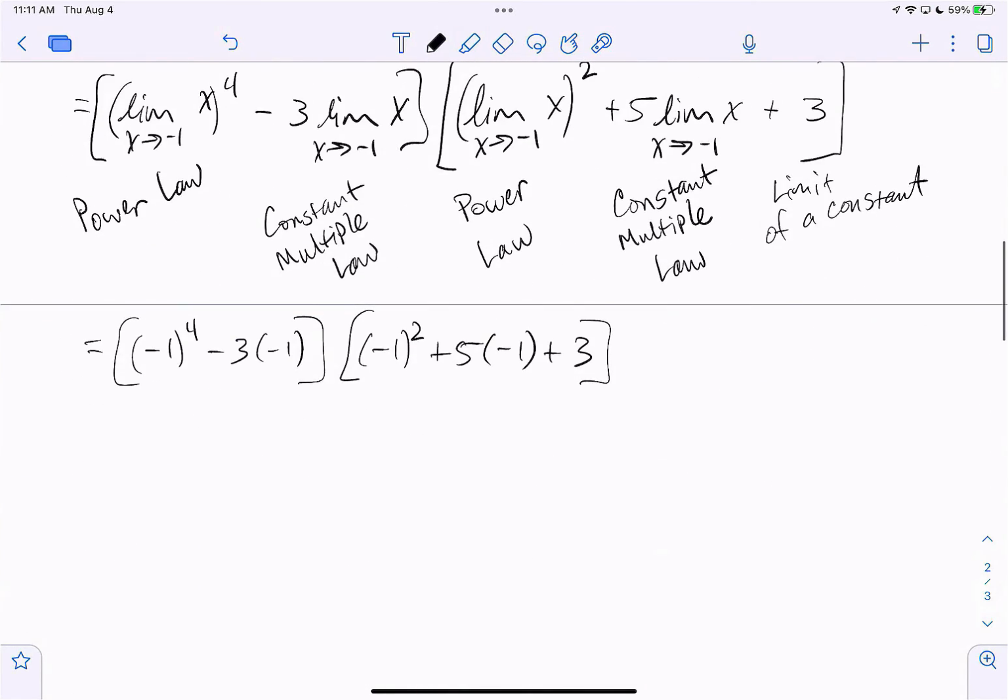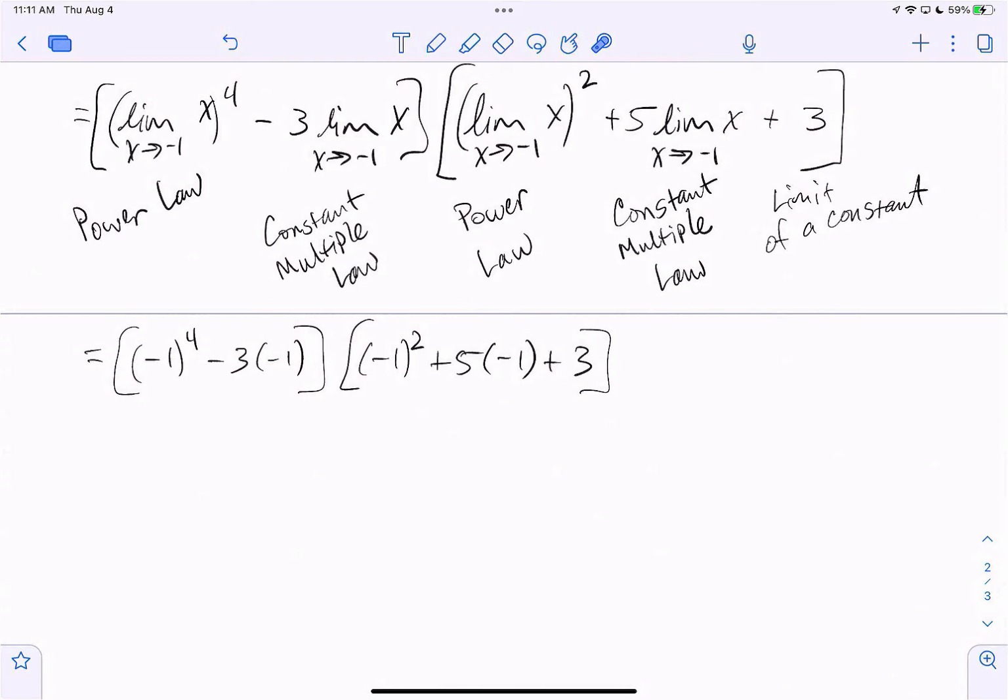So the result of that is negative 1 to the fourth minus 3 times negative 1, that difference, times the quantity negative 1 squared plus 5 times negative 1 plus 3. In all cases there we used an identity limit. Finally, this is going to turn out to be 1 plus 3 times 1 minus 5 plus 3, which equals negative 4.